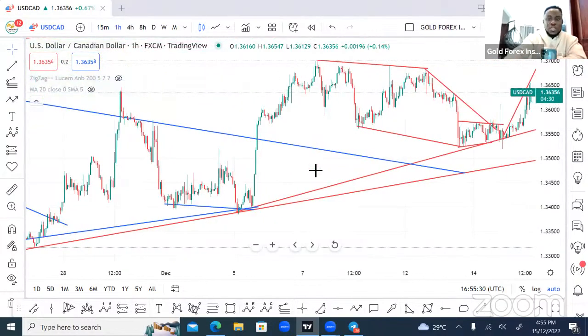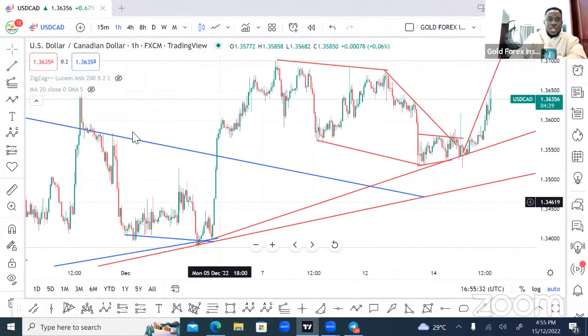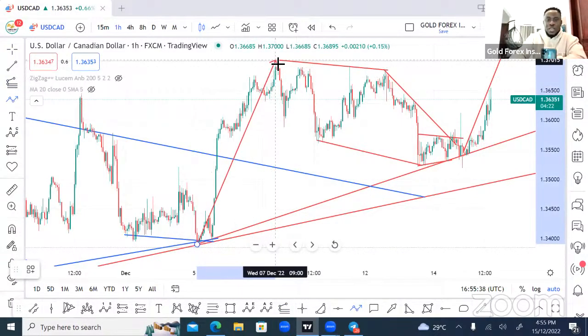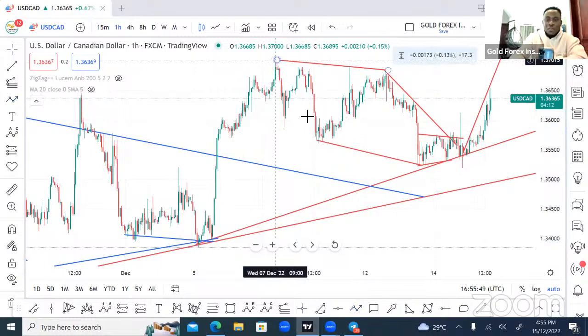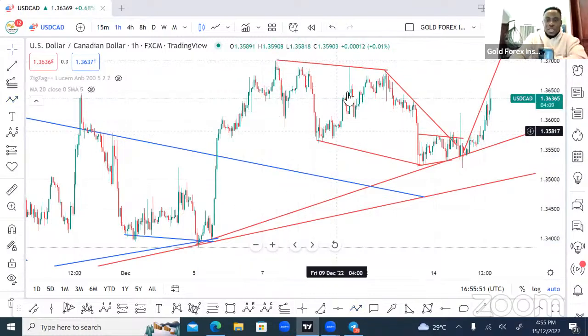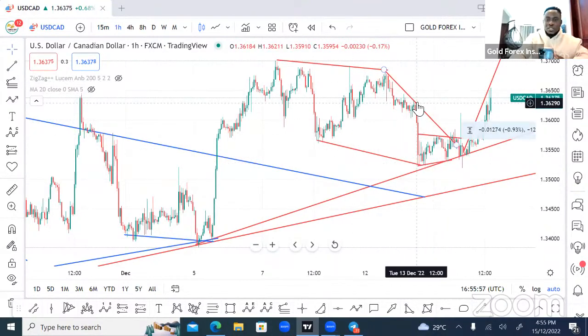Now, the current situation, what's happening is that we have another impulsive move over here. You can see it over here. This is an impulsive move, right? For USD CAD, this is USD CAD. So we have another impulsive move. Now we have an ABC, then we have a fifth wave down. Now this is a flat correction.